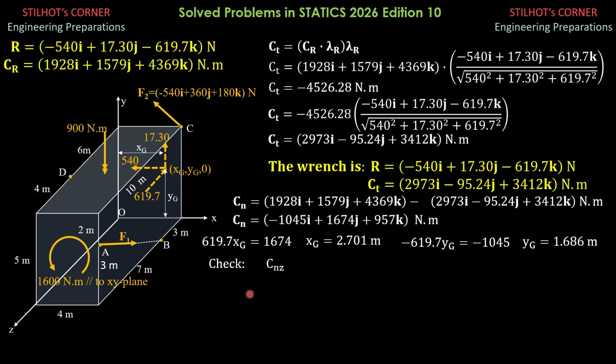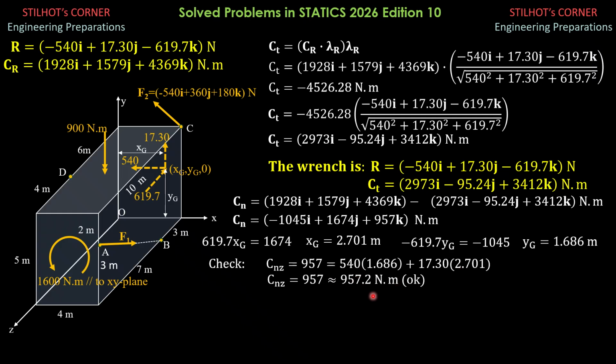So checking C sub Nz, which is 957, is that equal to 540 times yg, which is 1.686, plus 17.3 times xg, which is 2.701? So 957 is approximately almost equal, and that's because of rounding of values.